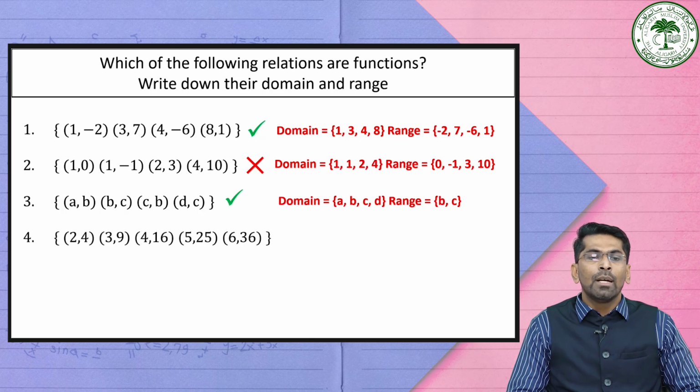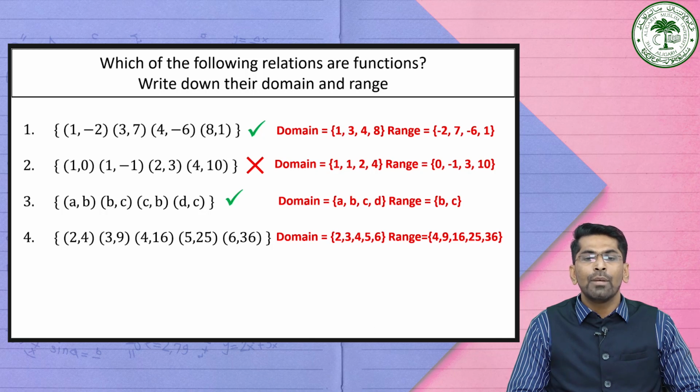Now consider the fourth one: (2,4), (3,9), (4,16), (5,25), (6,36). Write down its domain and range. The domain is 2, 3, 4, 5, 6, and the range is 4, 9, 16, 25, 36. Here also, none of the domain elements are excluded or repeated, so this is also a function.